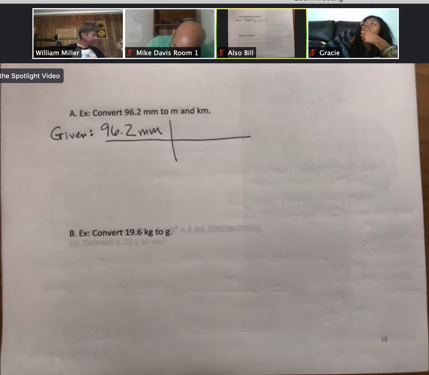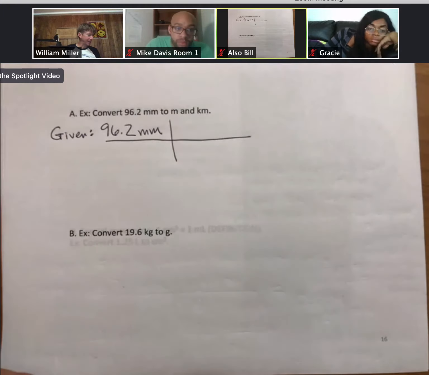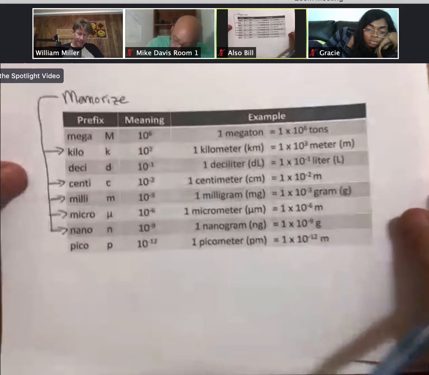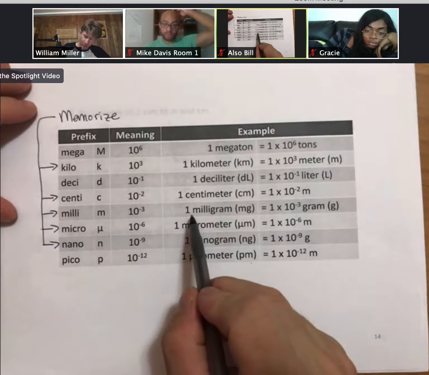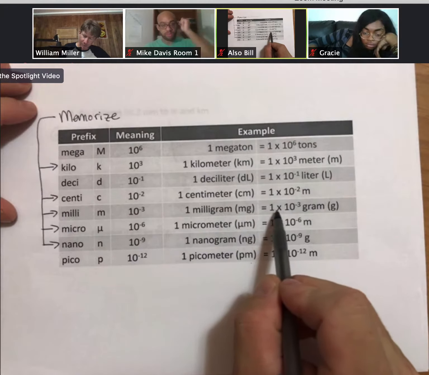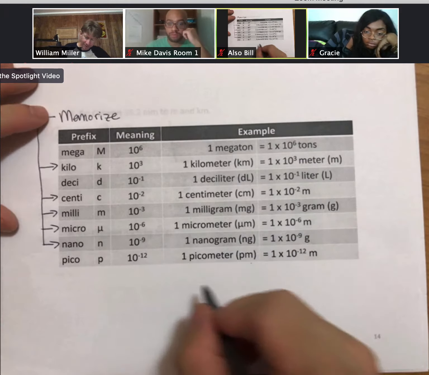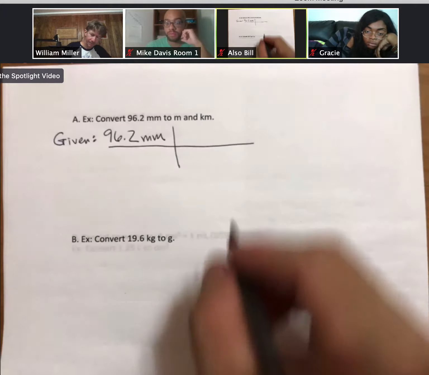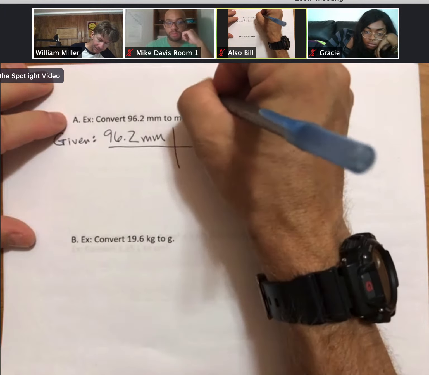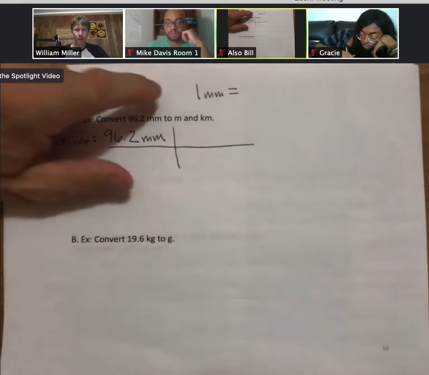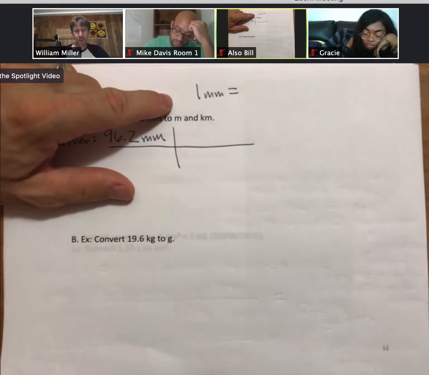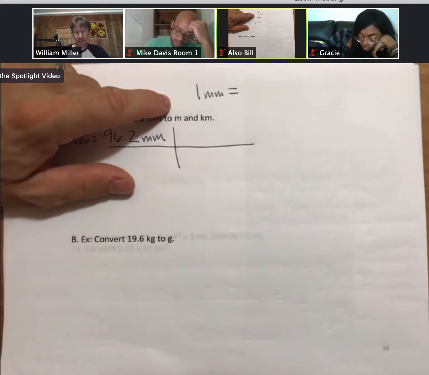If I go a couple pages back, or I have it memorized, I can see that 1 milligram equals 1 times 10 to the minus 3 grams. We can also say 1 millimeter equals 1 times 10 to the minus 3 meters.